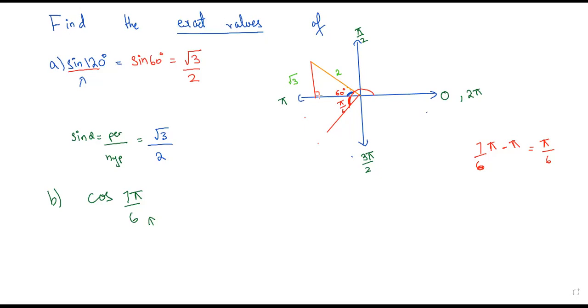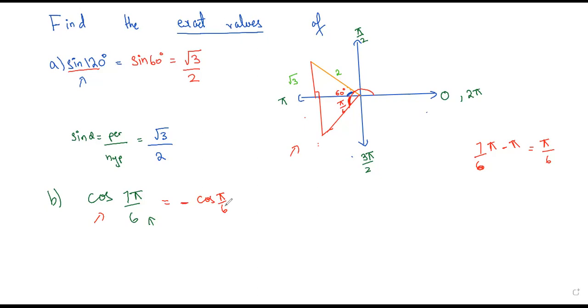I will make a triangle again. And simply, since the question is telling us to find the value of cos 7 pi by 6, the value is going to be equal to the value of cos pi by 6 with a negative sign, because 7 pi by 6 is in the third quadrant.